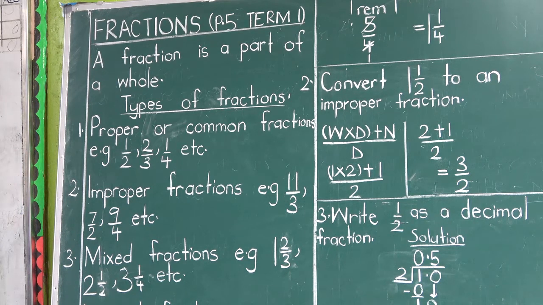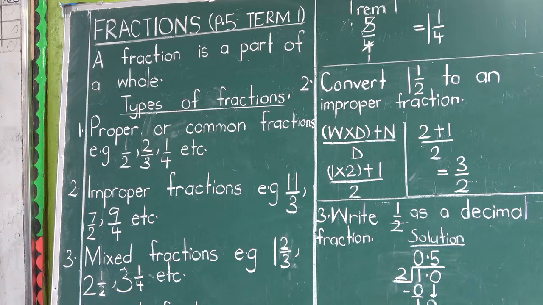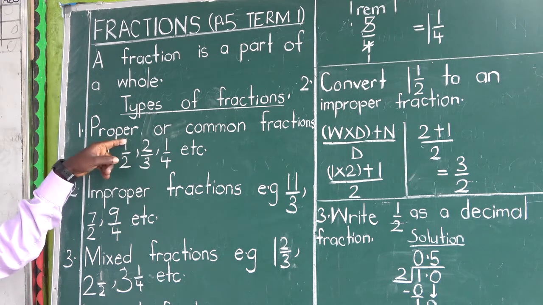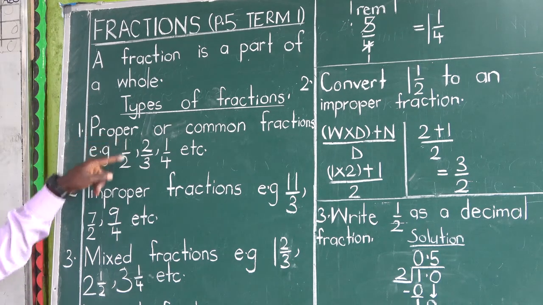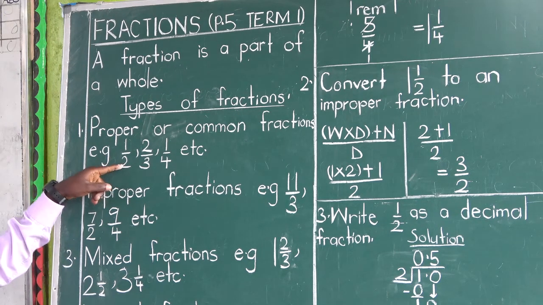The question is, what is a proper or a common fraction? A proper fraction has the upper number, called the numerator, less than the downer number, called the denominator.